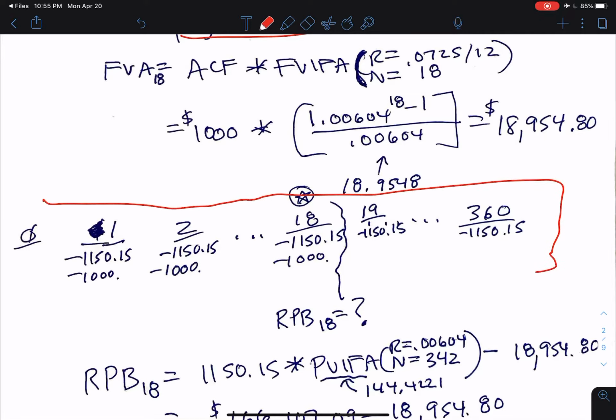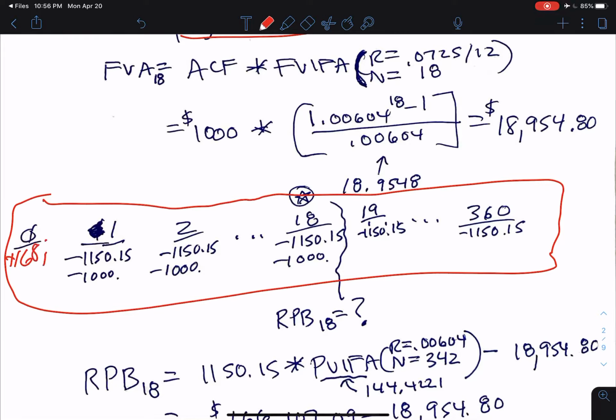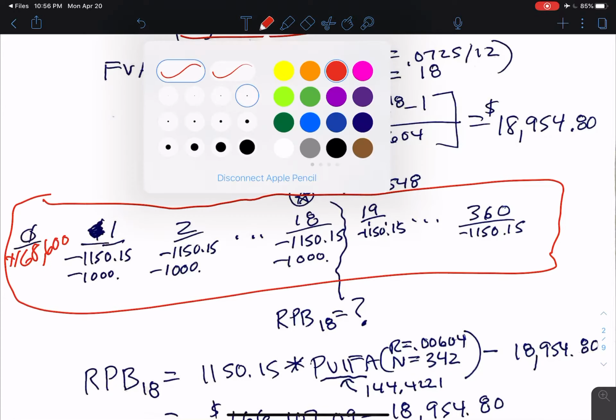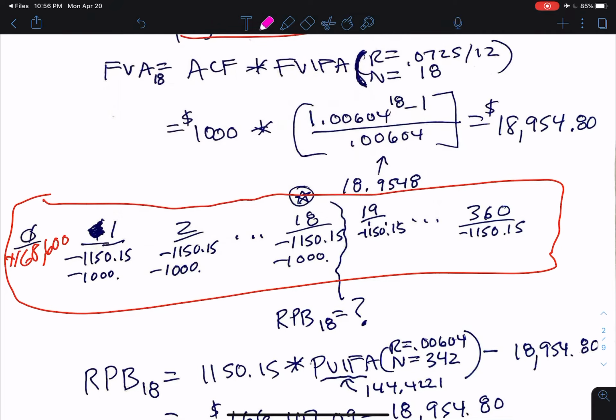This is the stream. At date 0, I get my 168.6, and then at date 1, we plan to pay 1150.15, and we're also going to make an additional payment, a principal reduction payment of $1,000, and the same for date 2, date 3, all the way up to date 18.